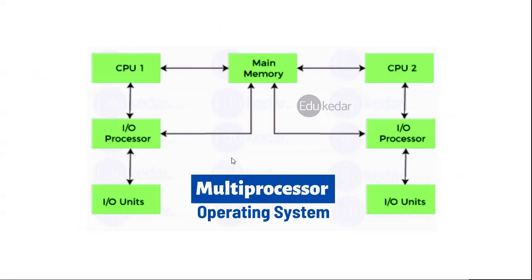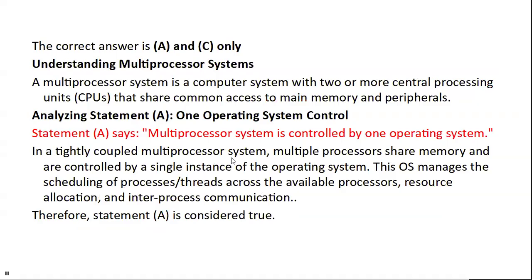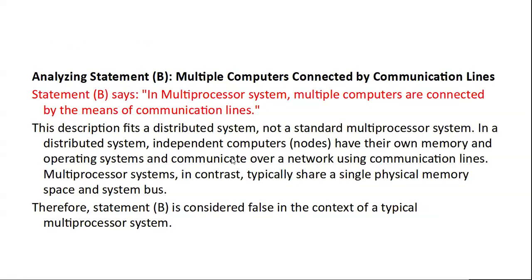That concept comes under distributed systems. Only in a distributed system are we using multiple computers. This statement is related to a distributed system, but multiprocessor systems typically share a single physical memory space and a system bus. So option B is wrong.